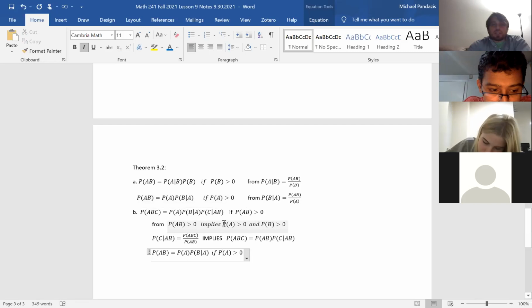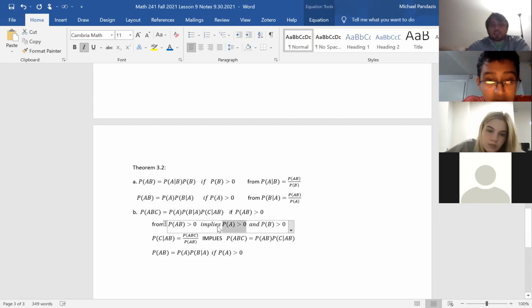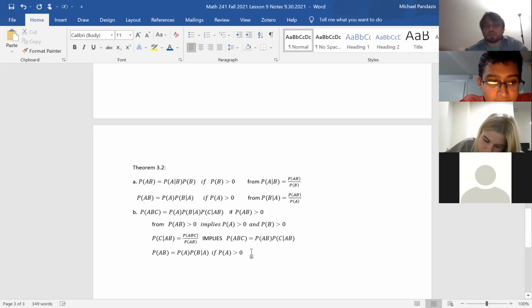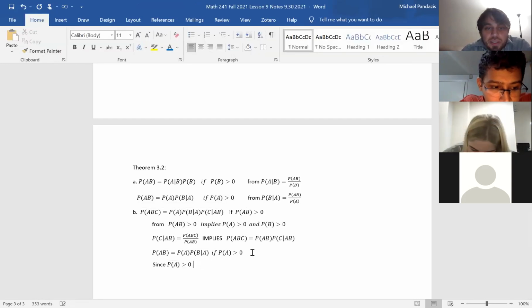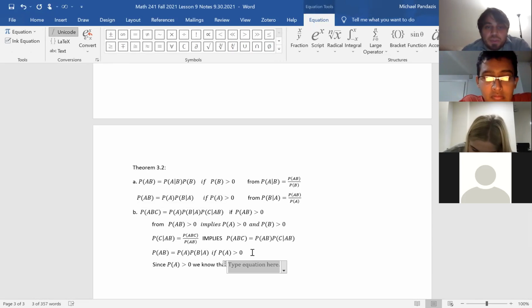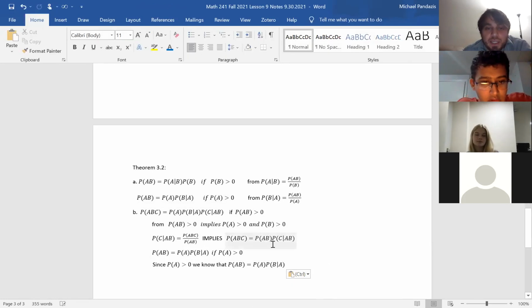And we know that the probability of A is positive because the probability of AB is positive. And so since the probability of A is positive, we know that the probability of AB is equal to the probability of A times the probability of B given A.